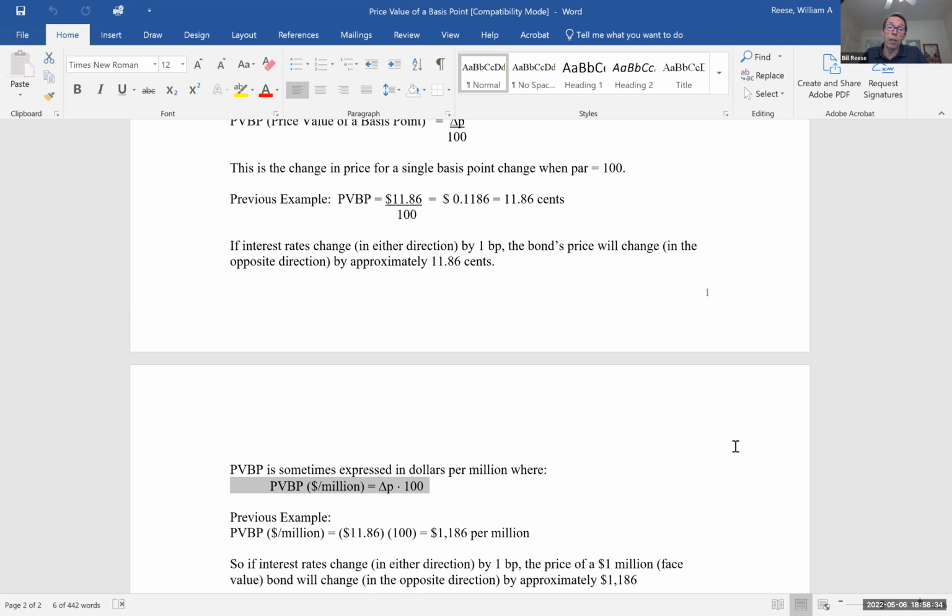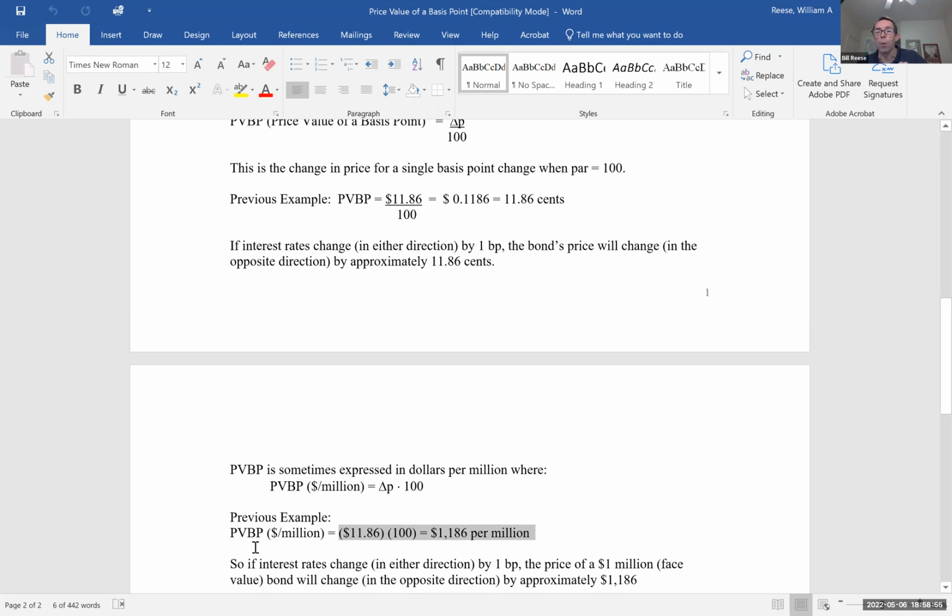That's much more frequent. So what we're going to do now is take this delta P that we calculated up above, that was $11.86, and multiply by 100.